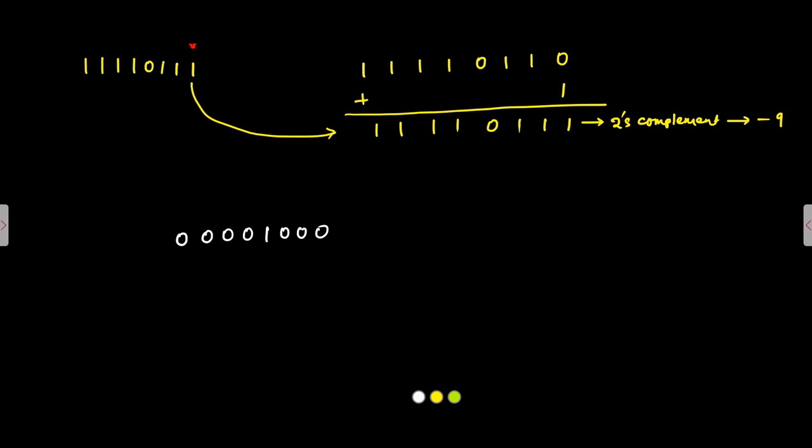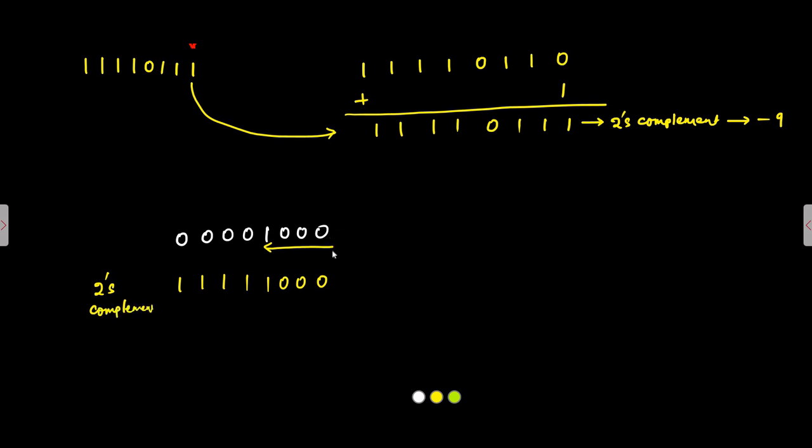We start from the LSB side and move forward until we arrive at the first 1 bit. Up to this we keep the bits as they are, we copy them, and the remaining bits we invert. Here 0 will become 1, 1, 1, 1. This will be the 2s complement.